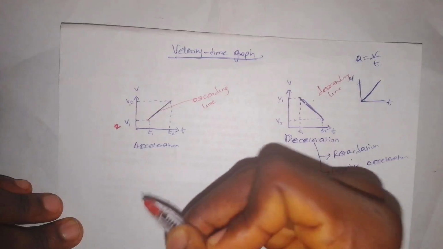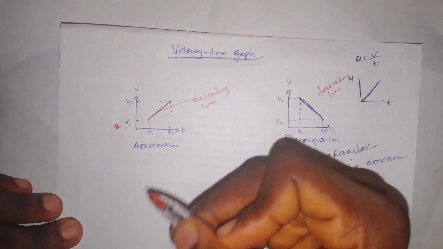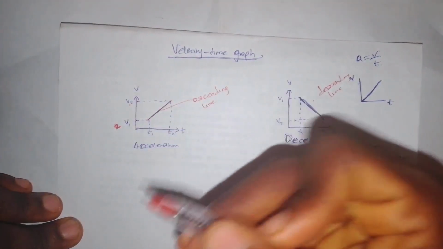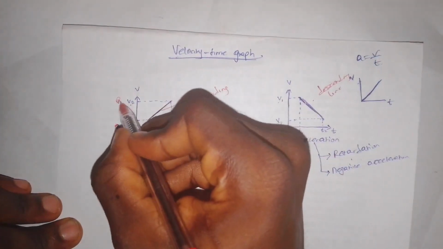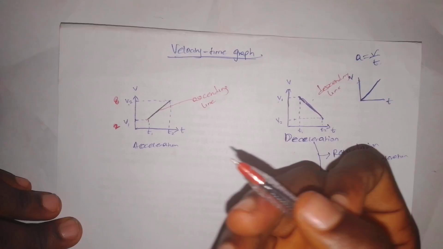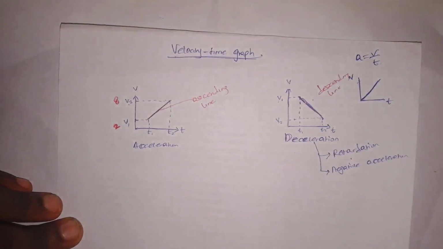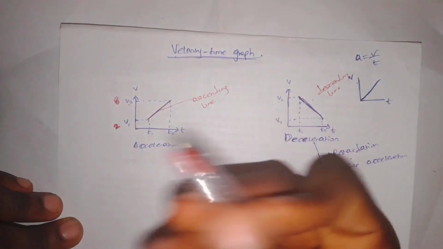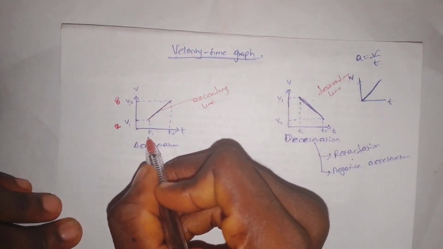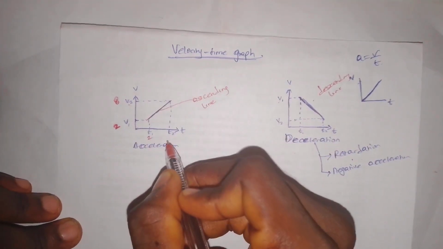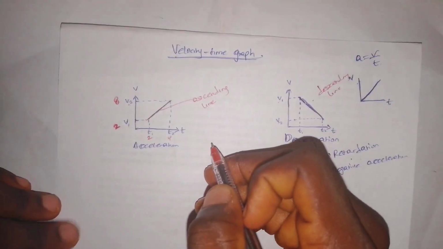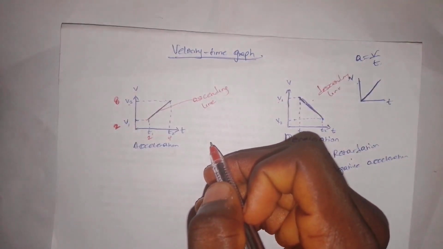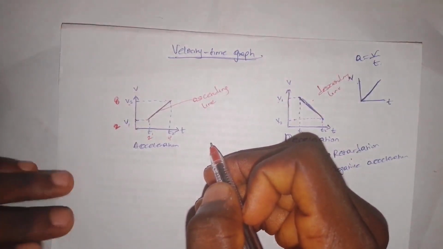Let's say a car starts moving with a velocity of 2, then you start increasing the velocity to, let's say, 8 meters per second. And let's say T1 is 2, then T2 is 4. Now, how can we calculate the acceleration?